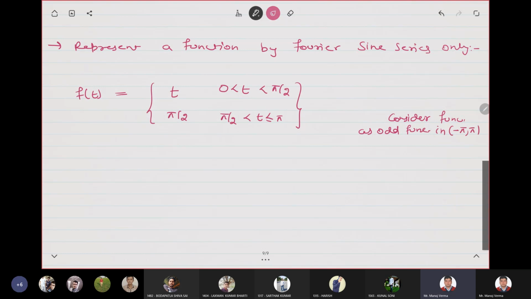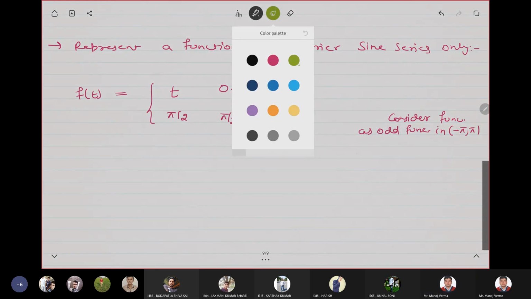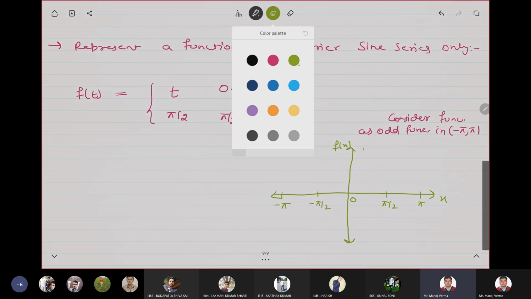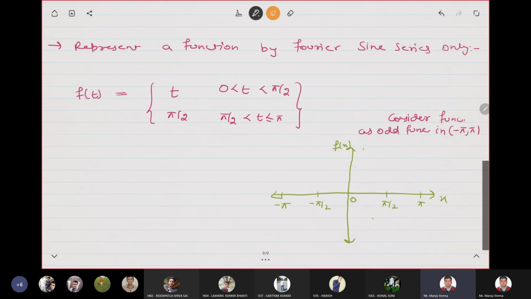So if I plot this function, let's say this is 0, this is pi by 2, this is pi, this is minus pi by 2 and this is minus pi. From 0 to pi by 2, let's say this value is pi by 2.